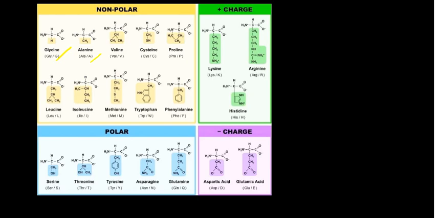This one non-polar. Then we also have one that is also non-polar, but it has got SH. We also have glycine, then leucine, then isoleucine, methionine as well. We have tryptophan, which is aromatic, phenylalanine, aromatic. Let me just draw them properly.